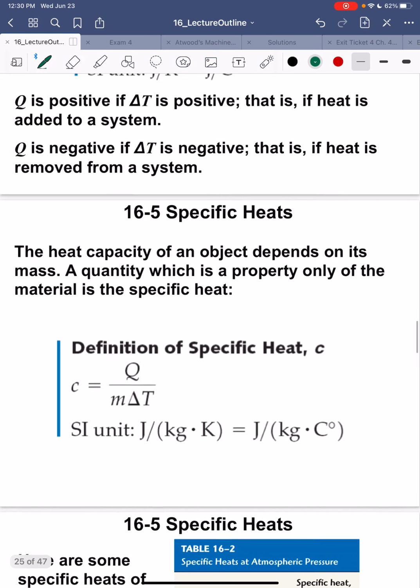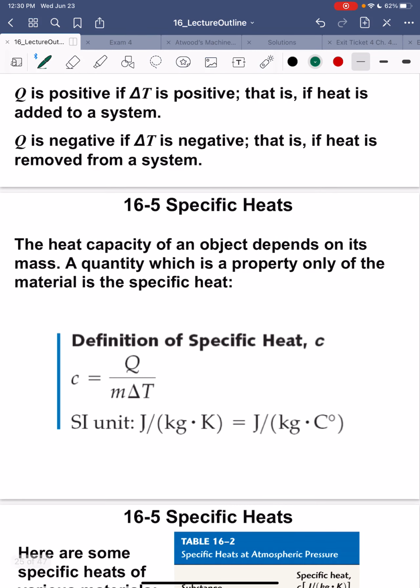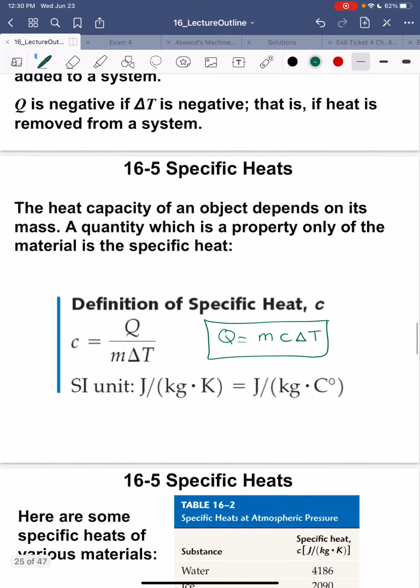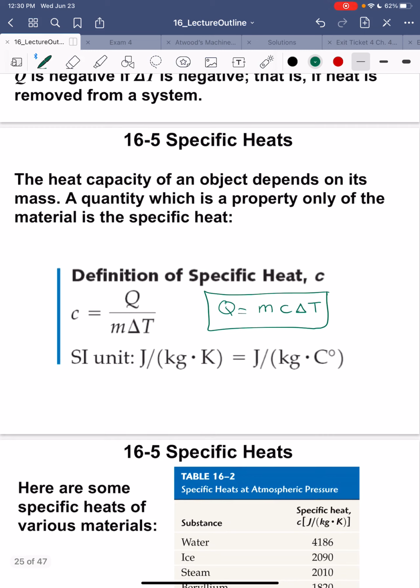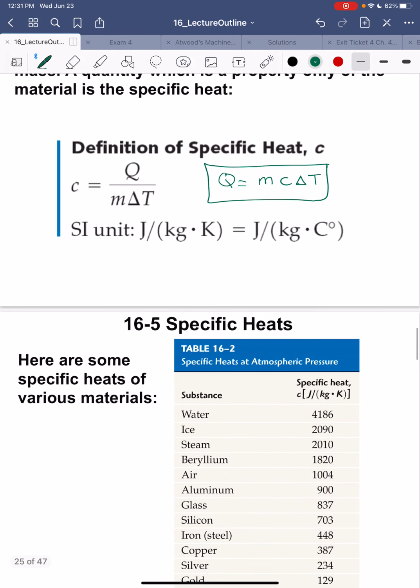The quantity that is related to the material is called specific heat, and it is defined as Q divided by m delta T. Most of my students call this equation MCAT. We usually put it like this: the specific heat can be calculated as the total heat added or removed divided by m times delta T. In the SI system, the unit for c is joules per kilogram Kelvin, or joules per kilogram Celsius.